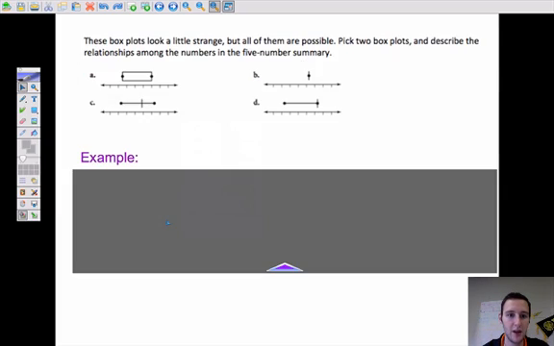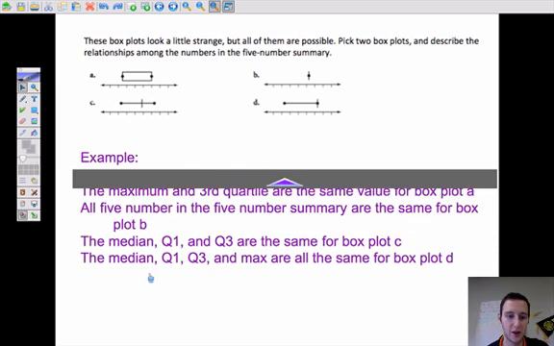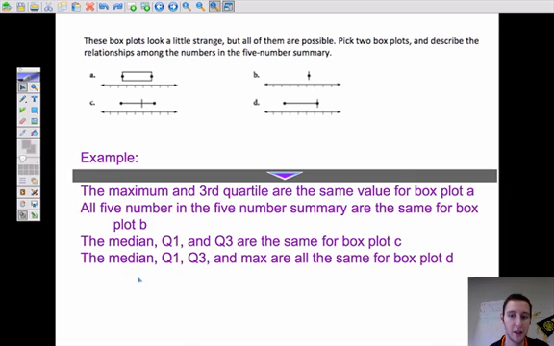Okay. The next part of this from your test was these 4 box plots, and you had to pick 2 of them and then talk about the numbers from the 5-number summary and compare them against each other. So some examples here would be, if you're looking at box plot A, the maximum and the 3rd quartile are the same value.